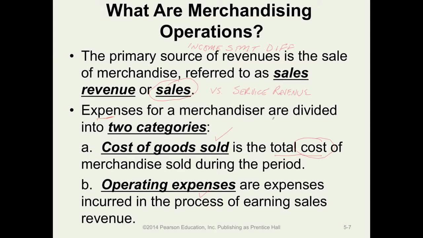So, for example, if your sales revenue is $1,000, let's say you're selling a laptop computer from Hewlett-Packard in, let's say, a Best Buy or a retail store, the cost of that computer, cost of goods sold could be $700, and the difference is their gross profit, the $300.